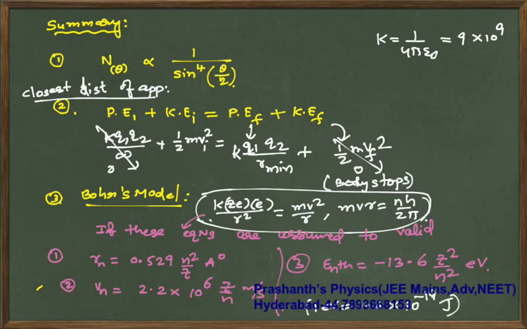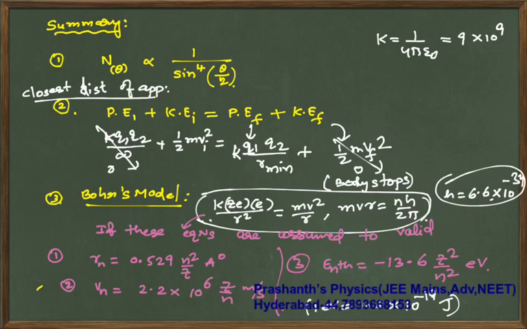Planck's constant h value is 6.6 into 10 power minus 34 joule second. So all these you must remember so that you will be able to do the questions easily. Basic questions in the problem solving sessions anyhow I will be covering, but for the sake of formality I have given it.